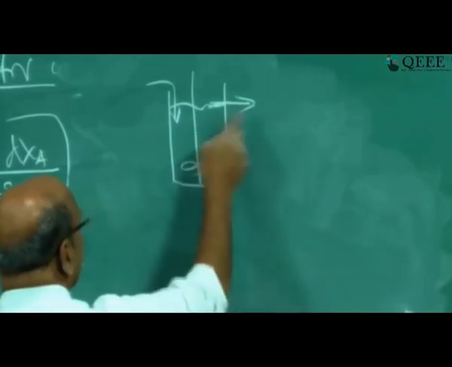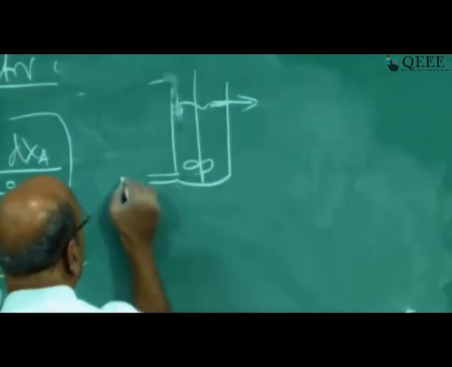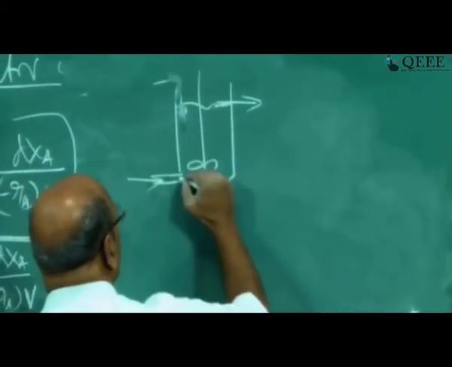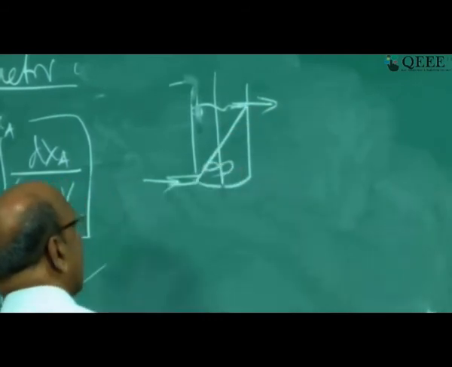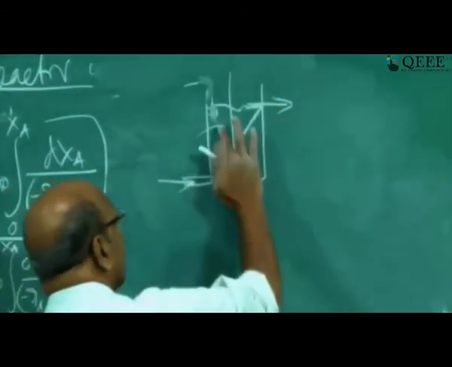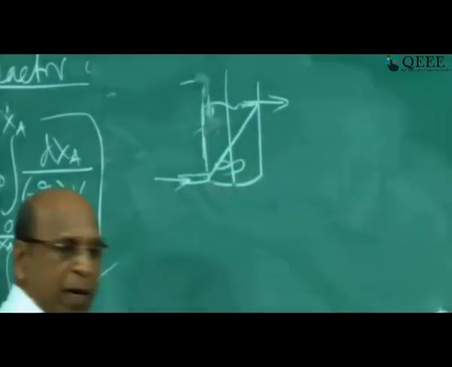So this is a bad design. Instead of that, you put the input here and then remove here. So definitely bypass can be removed because this much distance at least it has to travel because of perfect mixing, right? So this is how you avoid bypass in a mixed flow reactor, right?